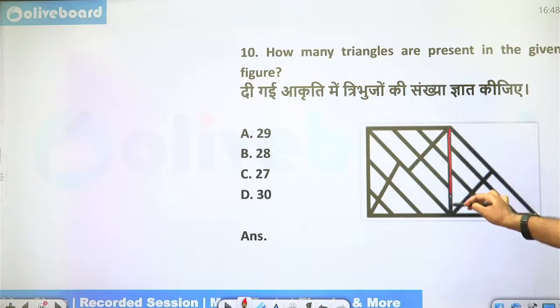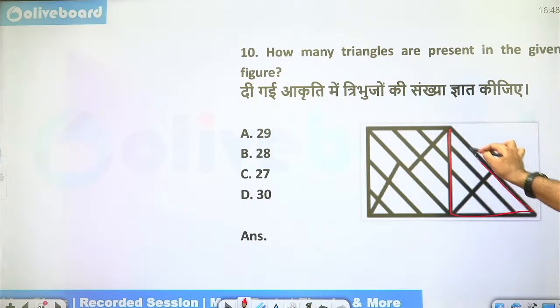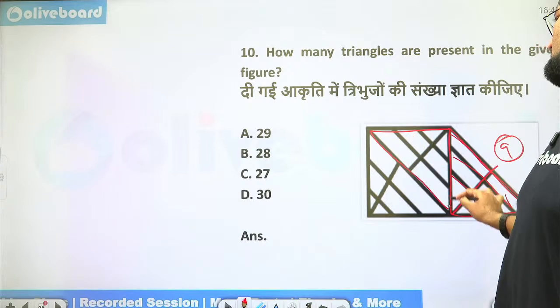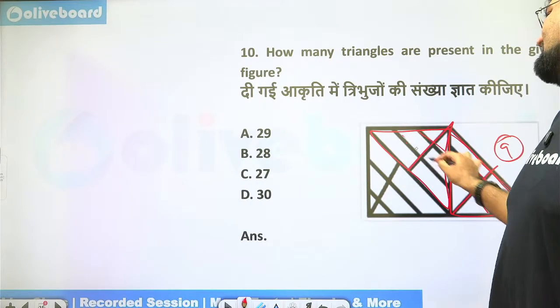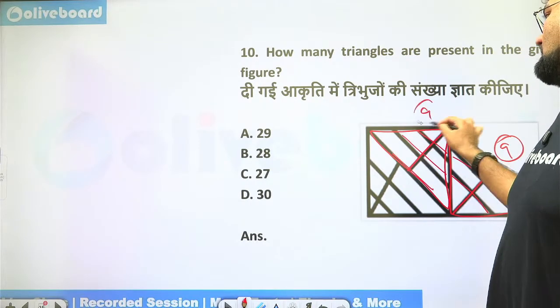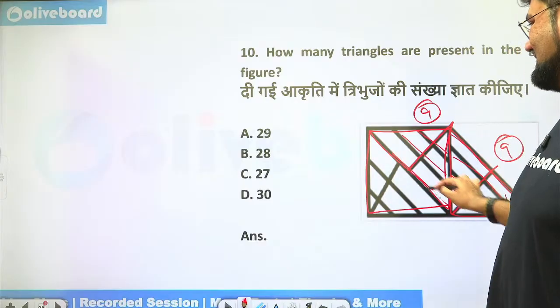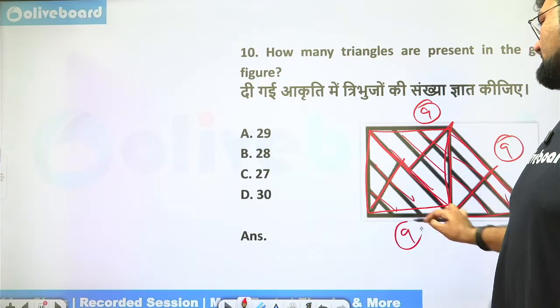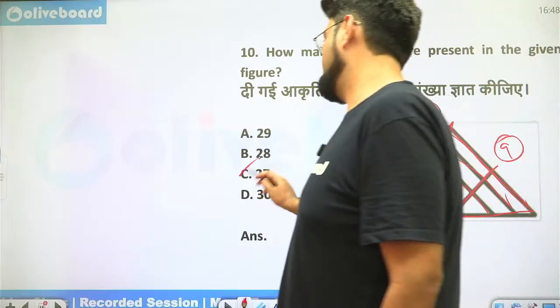So this is figure 1. This is 3 into 3. So 9 triangles here. Again, the same figure set here. 3 into 3, 9 triangles here. And same figure set here. 3 into 3, 9 triangles here. If you look at them together, there are no other extra triangles which you are missing out on. So 27 is the accurate answer.